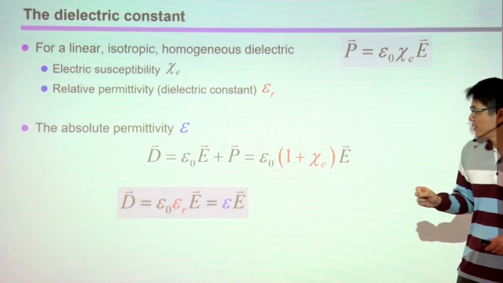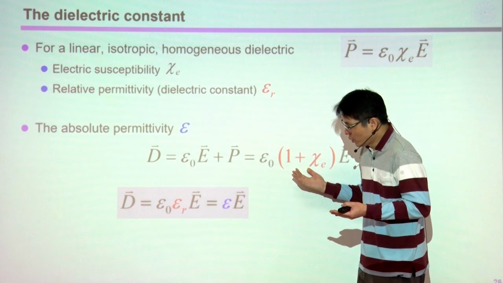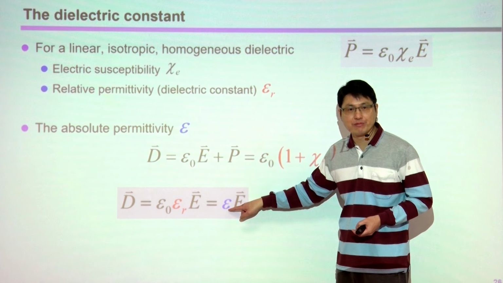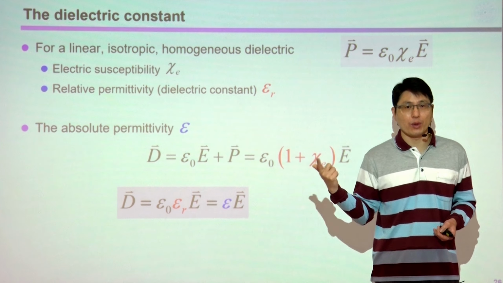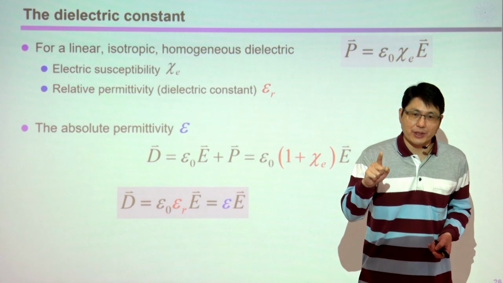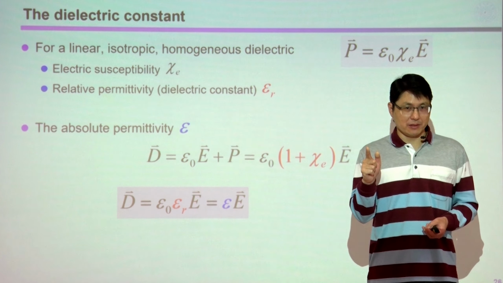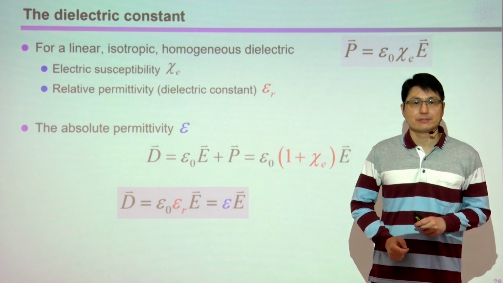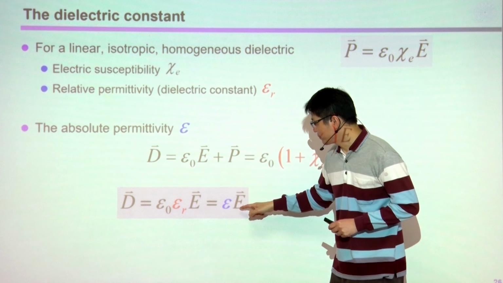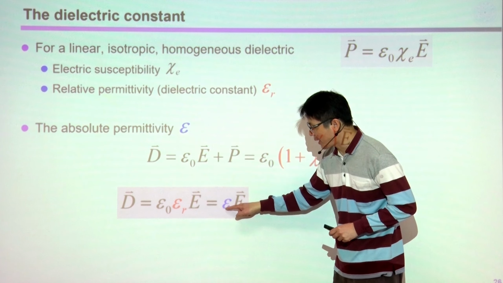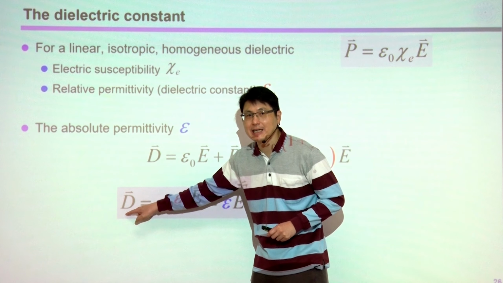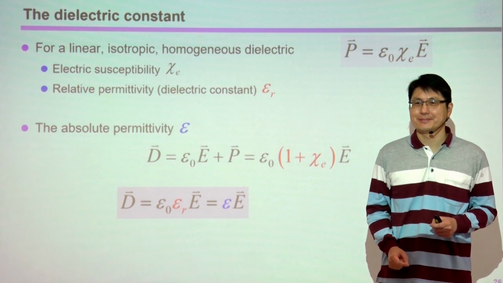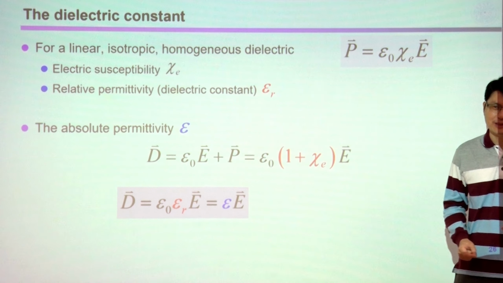When I was a student, I thought, oh, if I have a material with very high epsilon value, what does that mean? It means this material is very capable of generating induced electric dipoles, right? So I thought, oh, if I have a material with very high epsilon, that is making its D very big. Is it right? Think about it. Is it right?